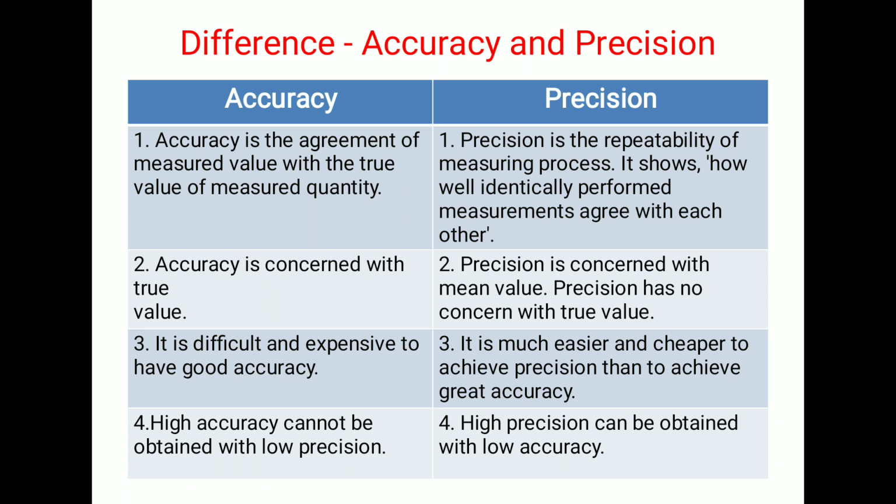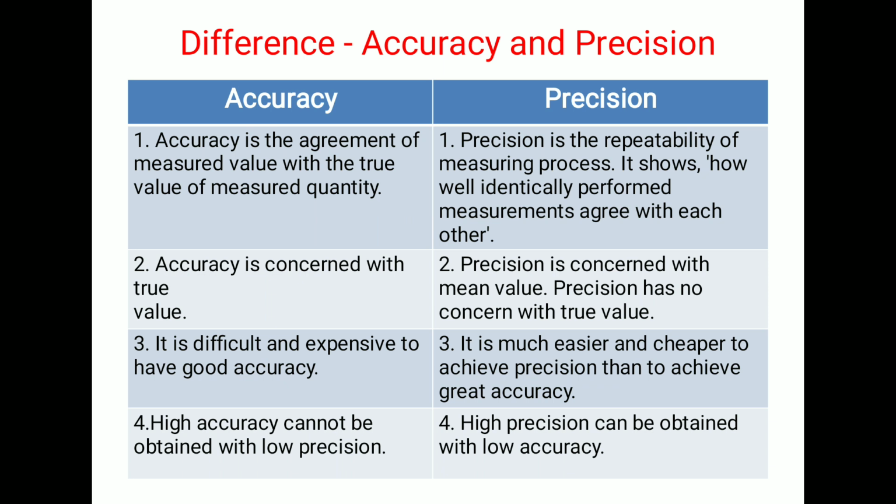Accuracy is the agreement of the measured value with the true value of the measured quantity, whereas precision is the repeatability of the measuring process. It shows how well identically performed measurements agree with each other. Second, accuracy is concerned with the true value, whereas precision is concerned with the mean value. Precision has no concern with the true value.